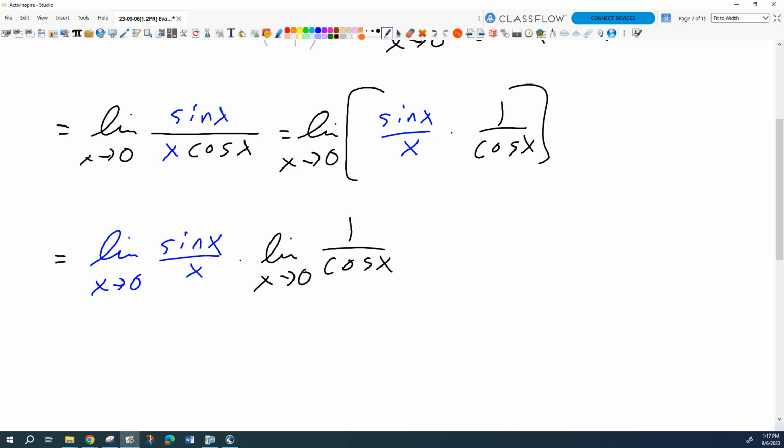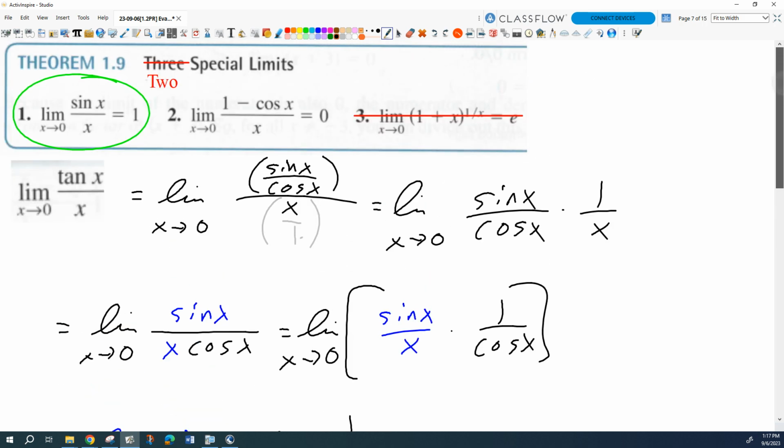Okay, does that blue one look familiar? How about that? That's equal to 1, okay?